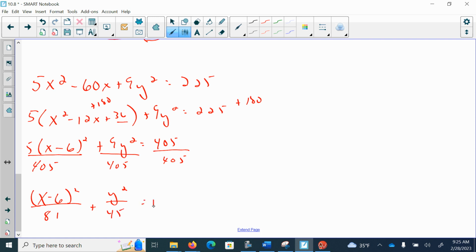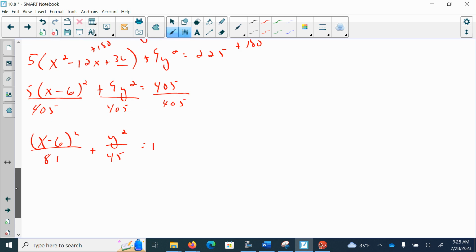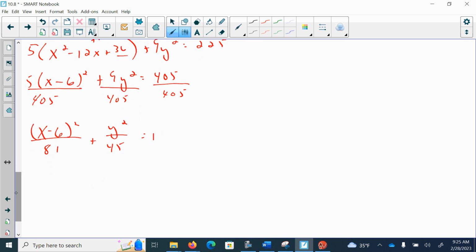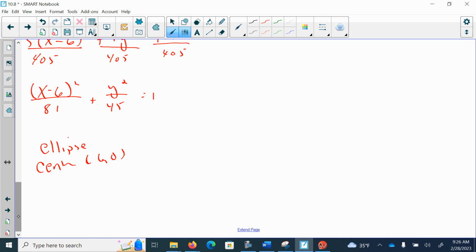So here, since both of the variables are positive, I realize that I have an ellipse. I realize that the center of the ellipse is 6, 0. If I wanted to do the vertices, the major vertices, where I add the square root of 81, or I add 9 to the x, I'm going to have 15, 0 and negative 3, 0.